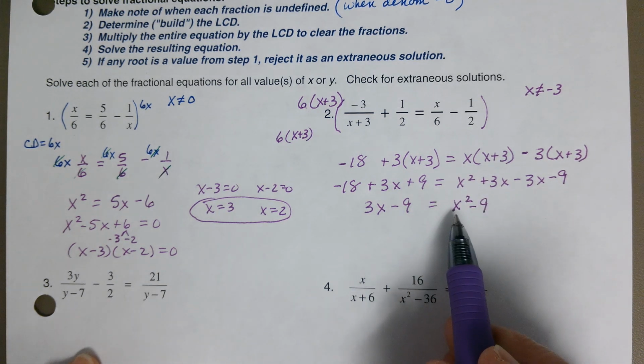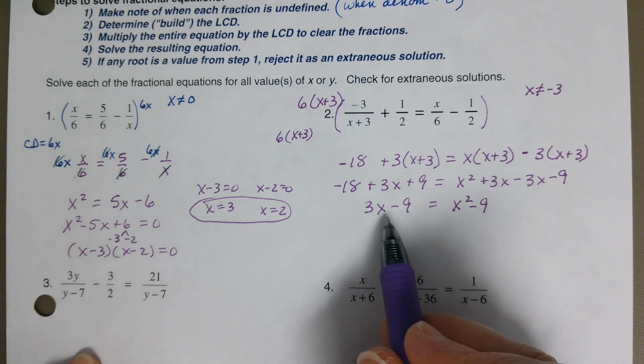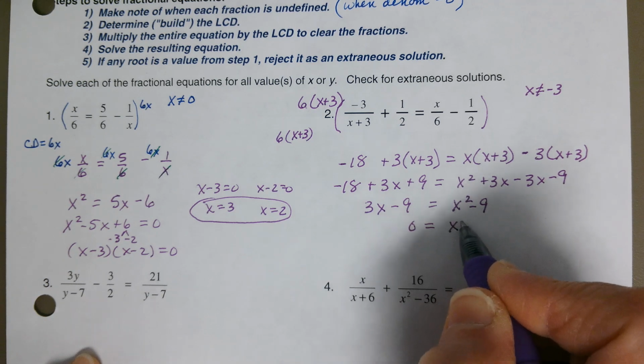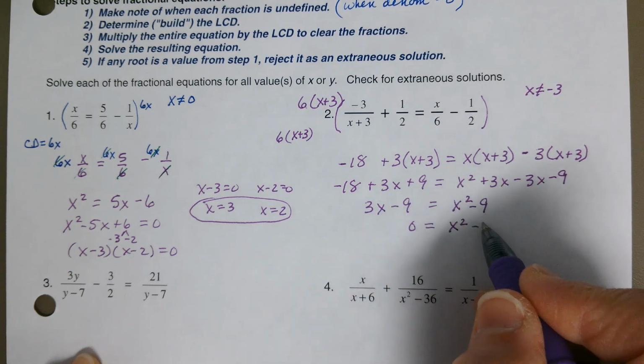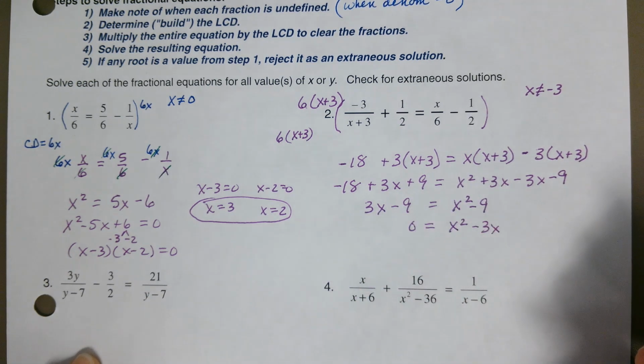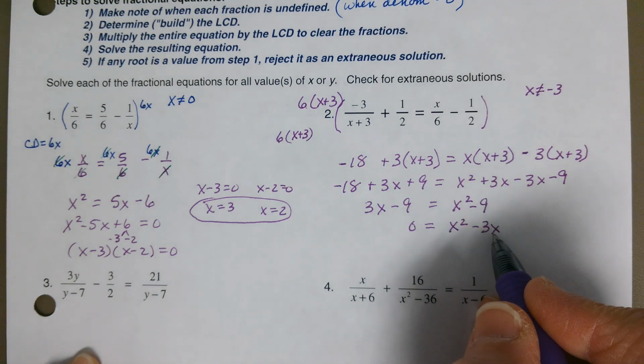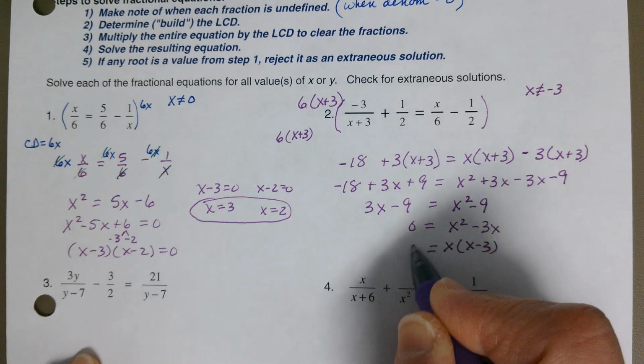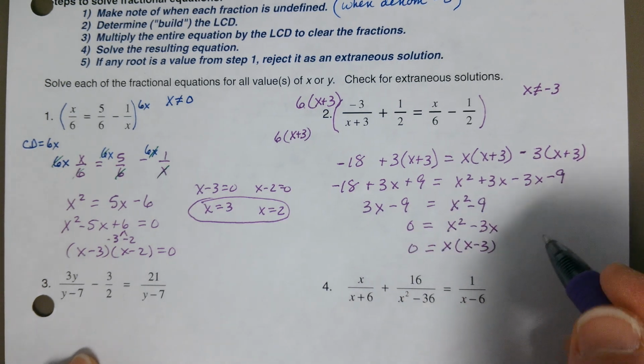Since I have an x squared on the right-hand side, I'm going to bring the two terms on the left over to the right. Subtracting 3x, and then adding 9 to negative 9 is 0. Factoring, there's a GCF, x times x minus 3. Set each factor equal to 0.